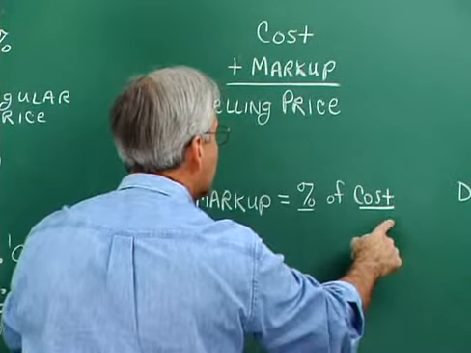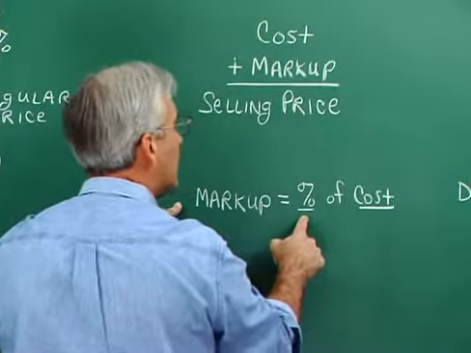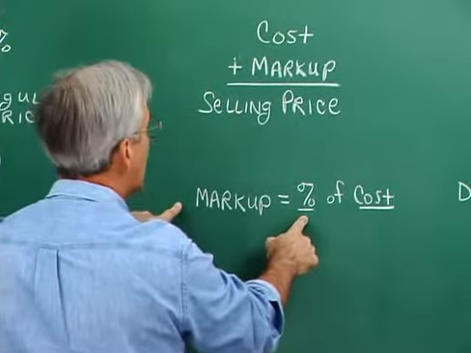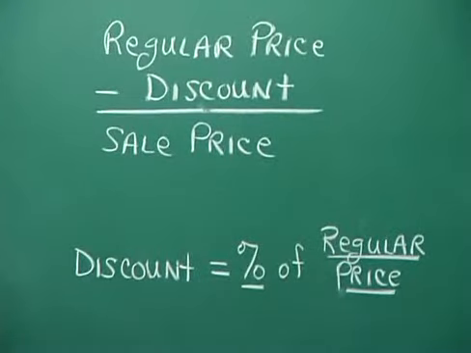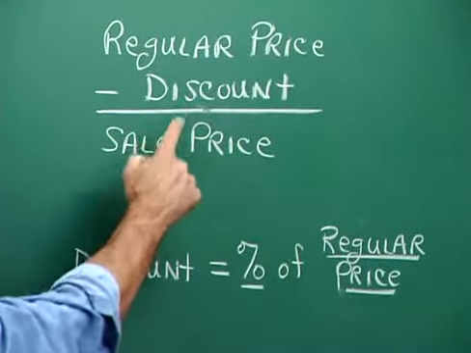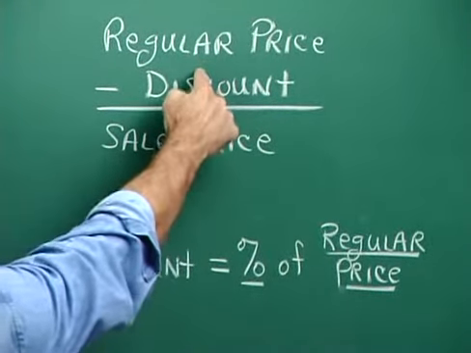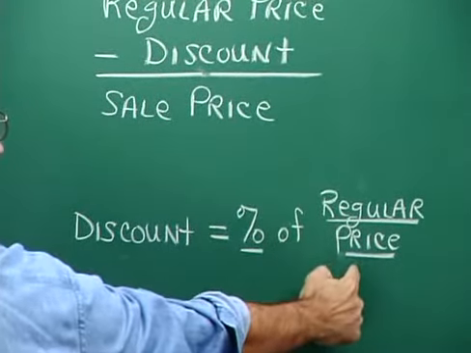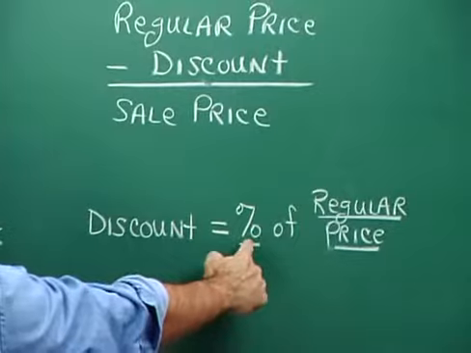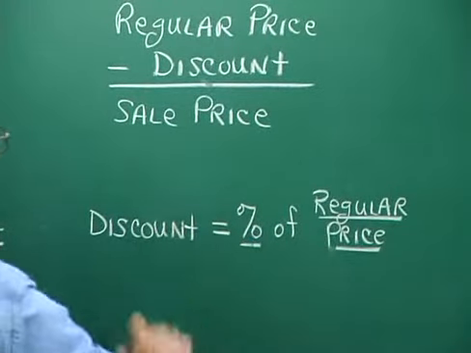And that percent is some markup rate, it's called. And for the discount idea, it's regular price minus discount equals sale price, and the discount is some percent of the regular price. And the percent is often called the discount rate.